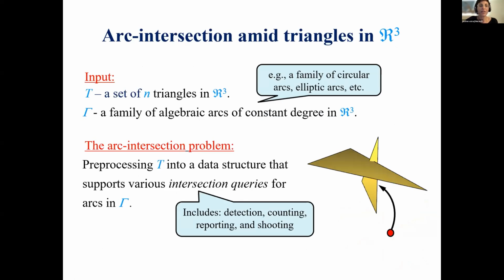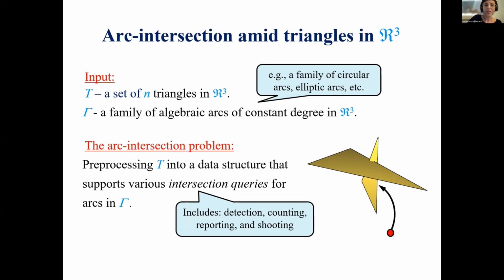What about other extensions? When we replace the ray by an algebraic arc, we call this set of problems arc intersection amid triangles in 3-space. Here the input consists of triangles in 3-space, and gamma is a family of algebraic arcs of constant degree in 3-space. In this picture, gamma is a set of circular arcs.